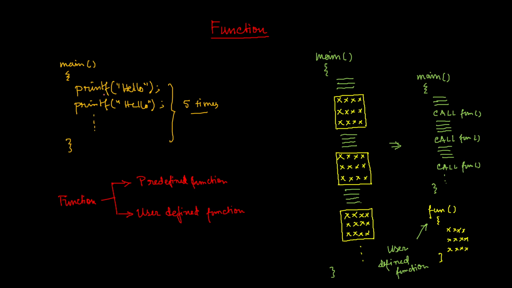Now if we want to see how a function will work, we can try to realize the concept of execution of a function with respect to a very small scenario. So let's create a scenario, a story, and based on that we will try to realize how a function works.